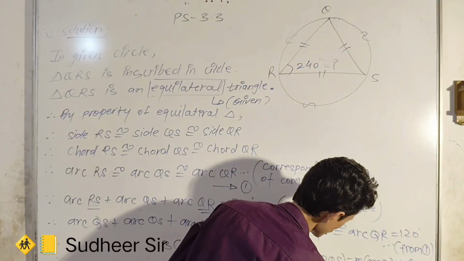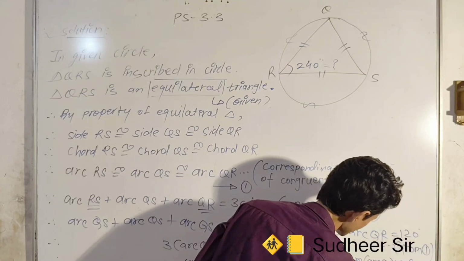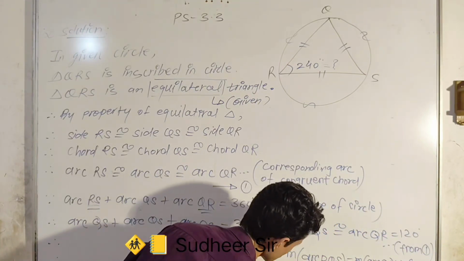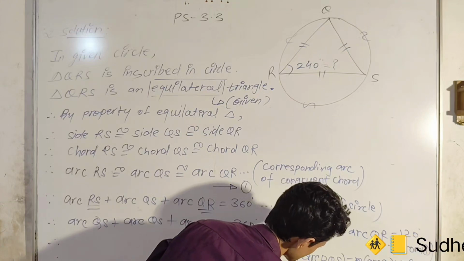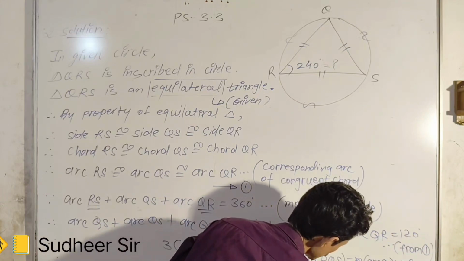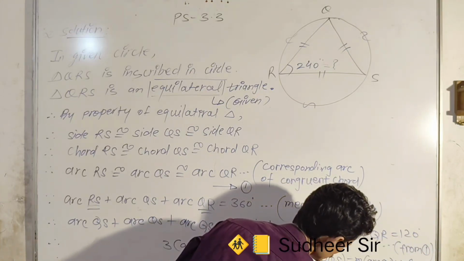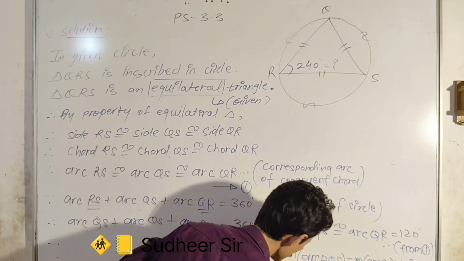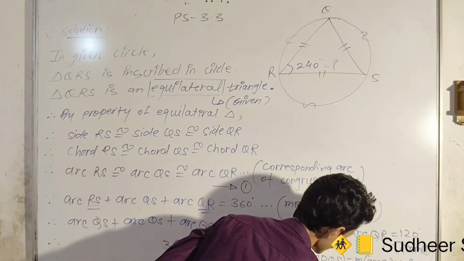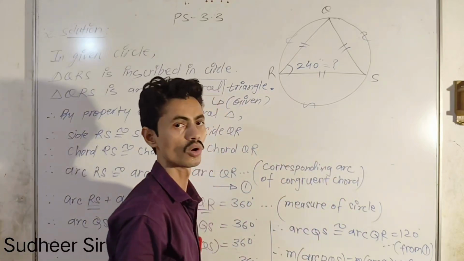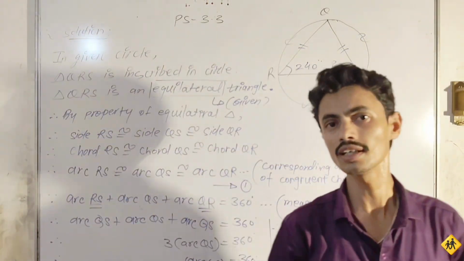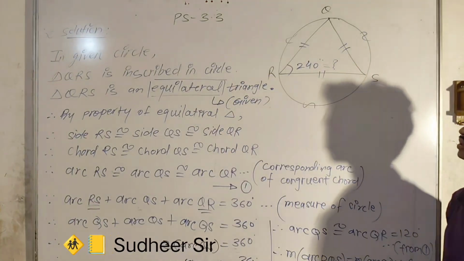Now we write 120 plus 120. Therefore, finally you got the value of arc RQS equals 240. Measure of arc RQS is equal to 240, which is our final answer. In this way you can get the values asked in the question.